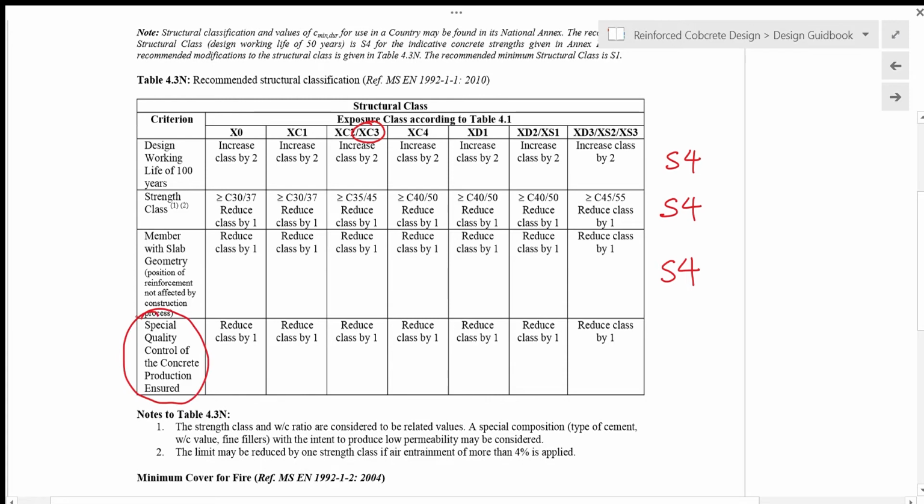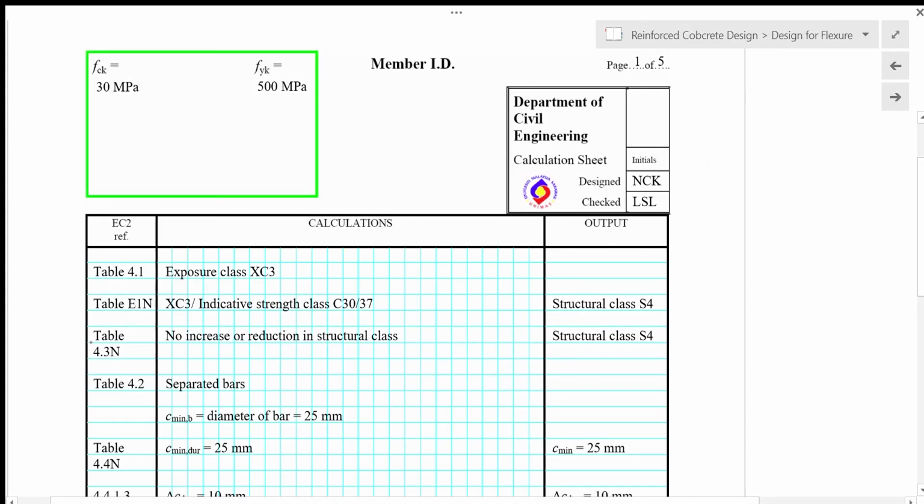In the question, there is nothing mentioned about special quality control of the concrete production. So we do not reduce the class by 1. So the structure class still remain as S4. So after going through table 4.3N, there is no increase or reduction in structure class. So the structure class remain as S4.